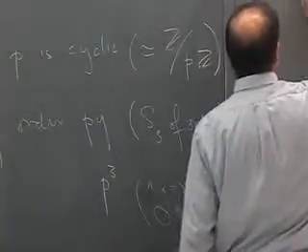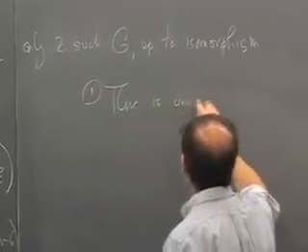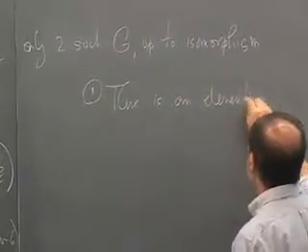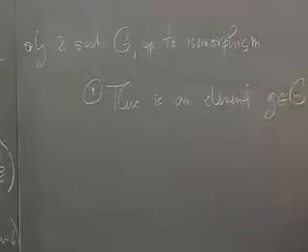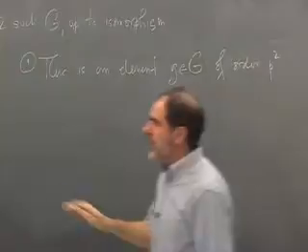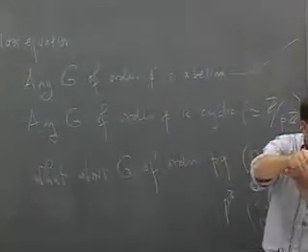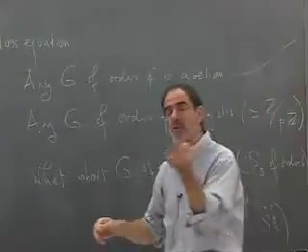The first case is that there is an element g in G of order p squared. The possible orders for an element in a group of order p squared are 1, p, and p squared, because the order has to divide the order of the group.